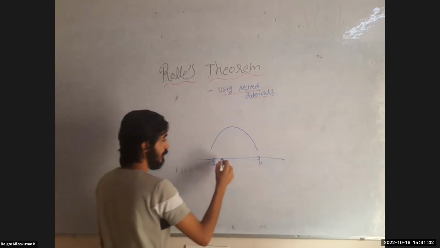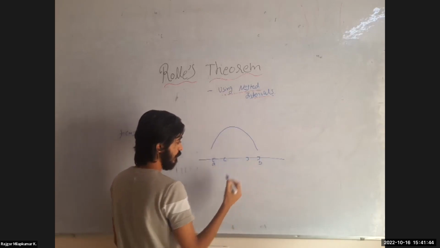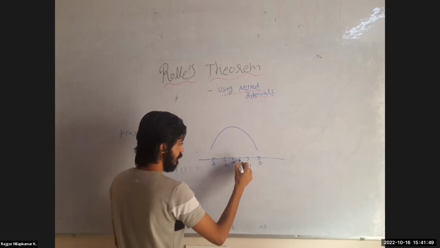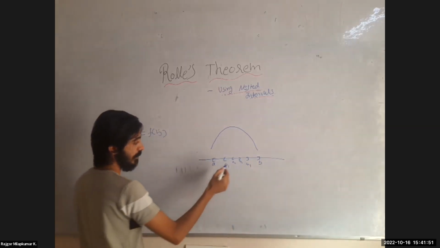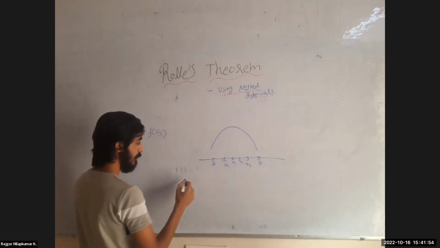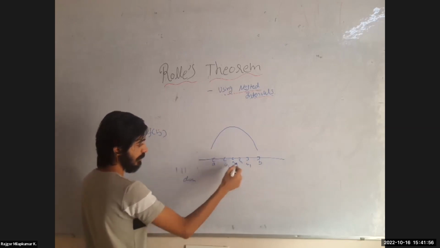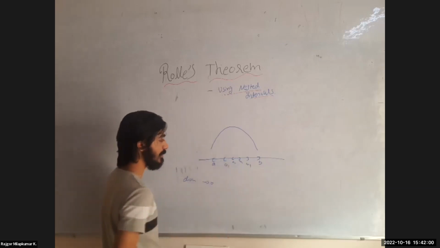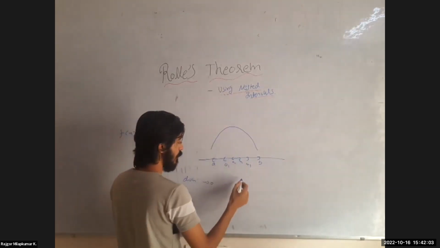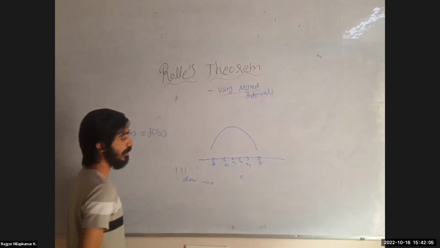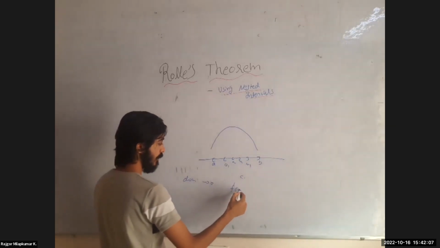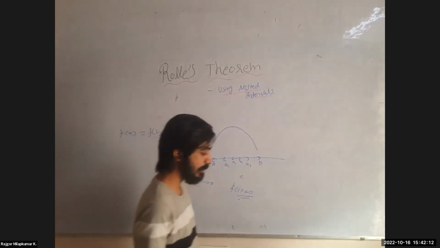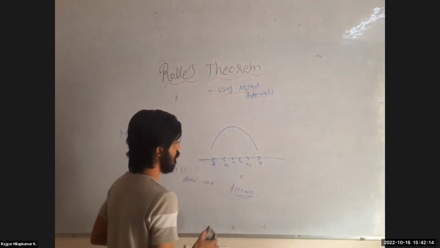Then I will construct a sequence of nested intervals, some [a1, b1] inside this, some [a2, b2] inside this, in such a way that the diameter of these intervals will go to 0. So in the intersection there will be exactly one point. I will call that point c, and then I will prove that f'(c) is equal to 0. So first I will construct this sequence.